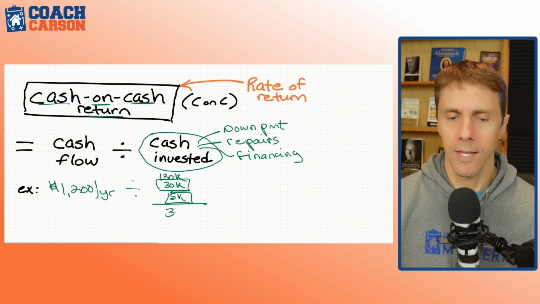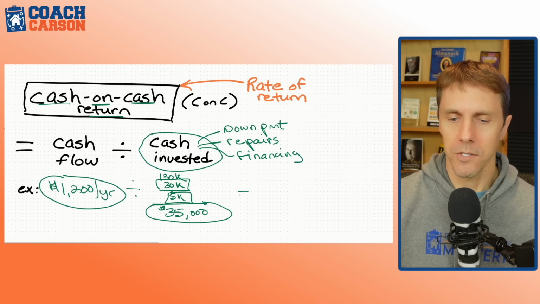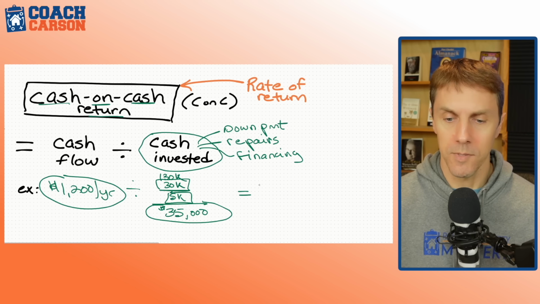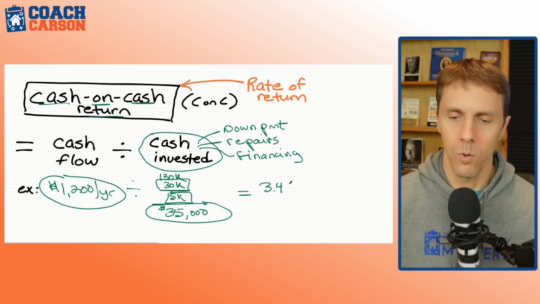So our total cash invested is $35,000 in this case. And so we just divide $1,200 by $35,000 to get our cash on cash return. I did this ahead of time so I know the number. That comes out to 3.4%. So not a huge number.